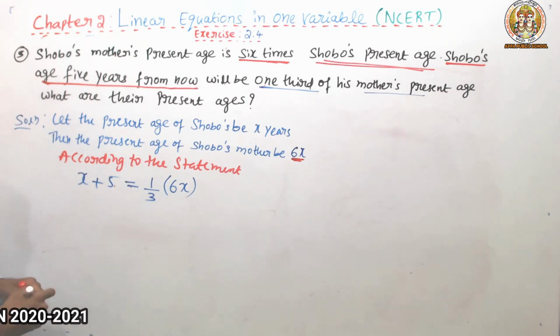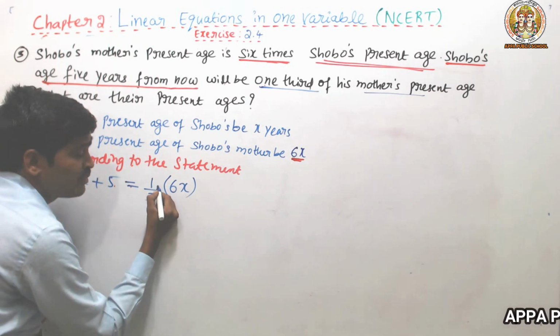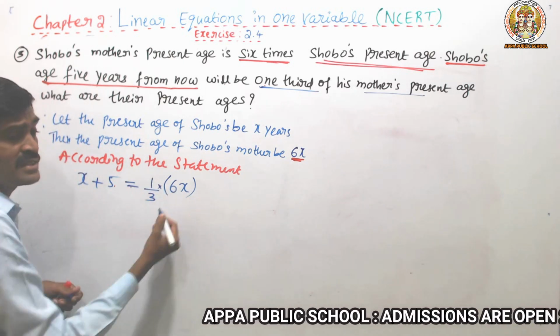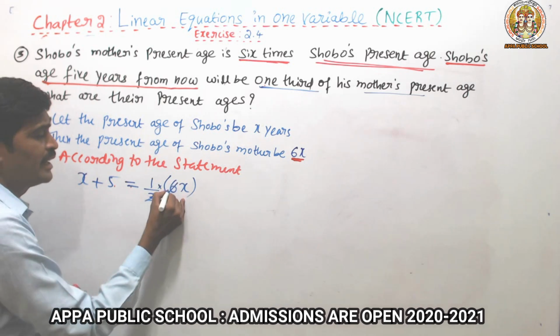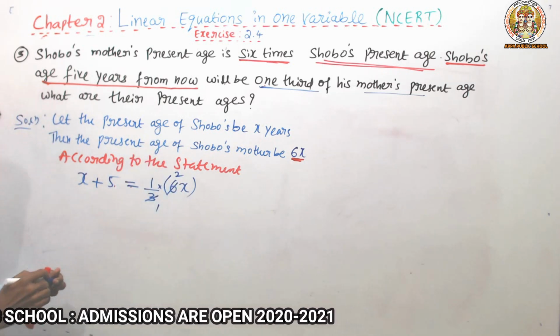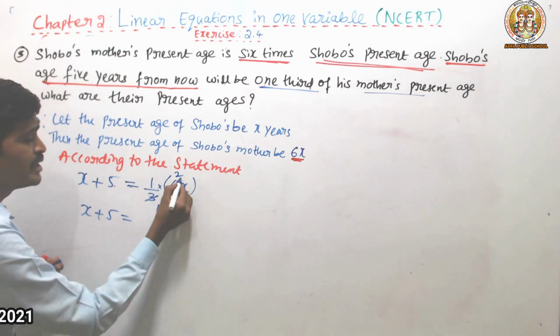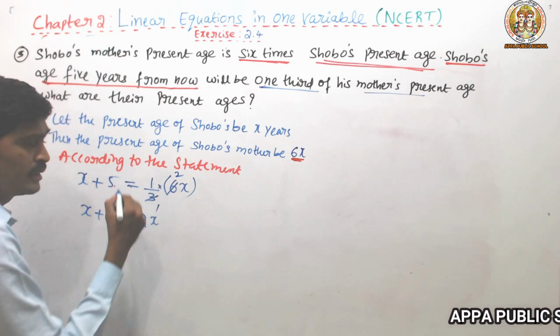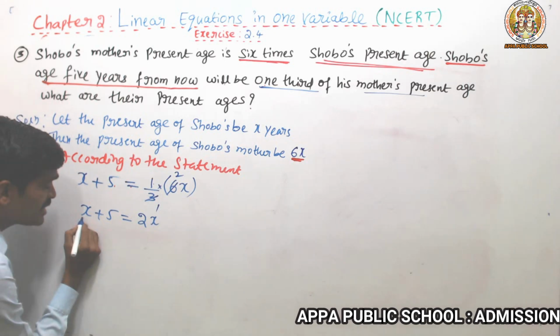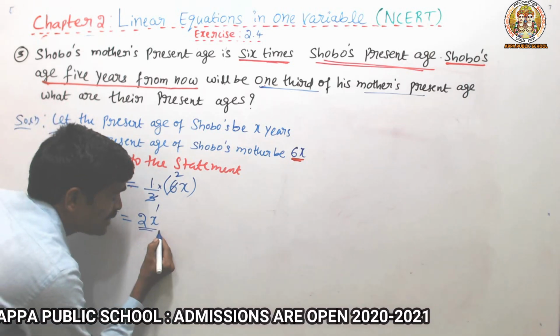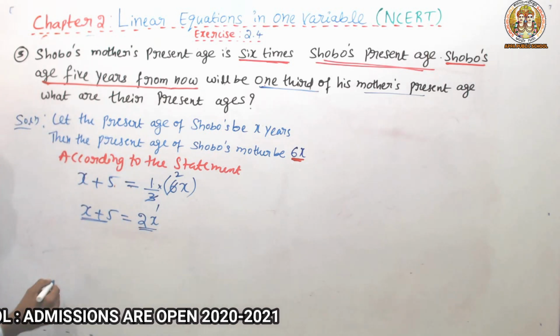My dear students, here no sign is there, so we go for multiplication. So how to read this one? 1/3 of 6x. So 3 ones are 3, 3 twos are 6. Now we get x plus 5 is equal to 1 into 2x. We get 2x. Observe carefully, my dear students. We are transferring the complete whole term of LHS to RHS, and the complete whole term of RHS to LHS. There is no change in result.